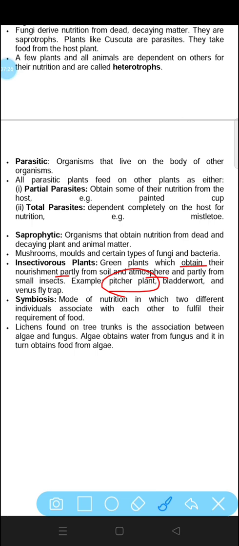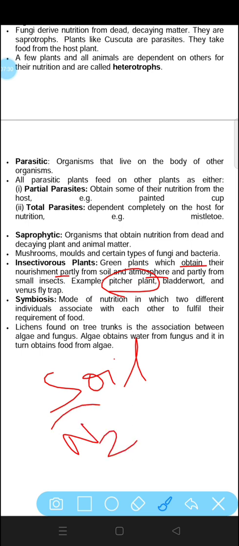The pitcher plant gets its nutrition from soil, but nitrogen is lacking in it, so it traps insects to get nitrogen. Other examples are bladderwort and Venus flytrap. So these are examples of insectivorous plants. They obtain nourishment partly from the soil, and the nutrients that are missing they get from the insects.